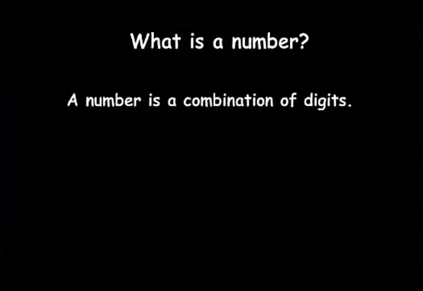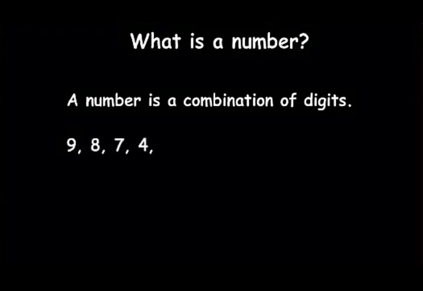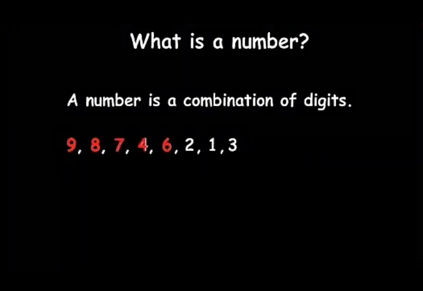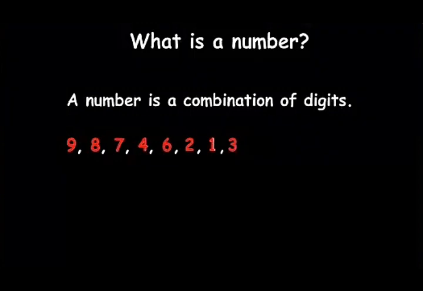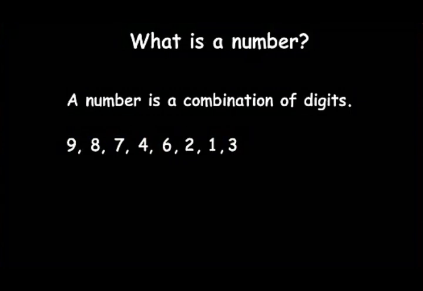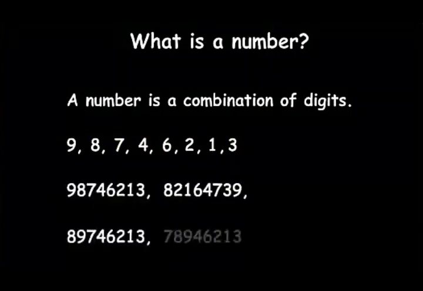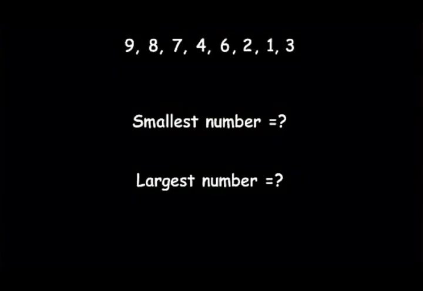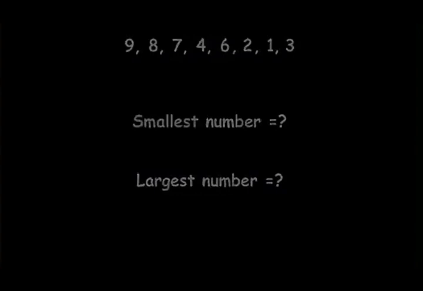Now let us discuss forming numbers. What is a number? A number is a combination of digits. Look at these 8 digits: 9, 8, 7, 4, 6, 2, 1, 3. By these digits, we can form many numbers as shown. Let us make smallest and largest number using the digits.